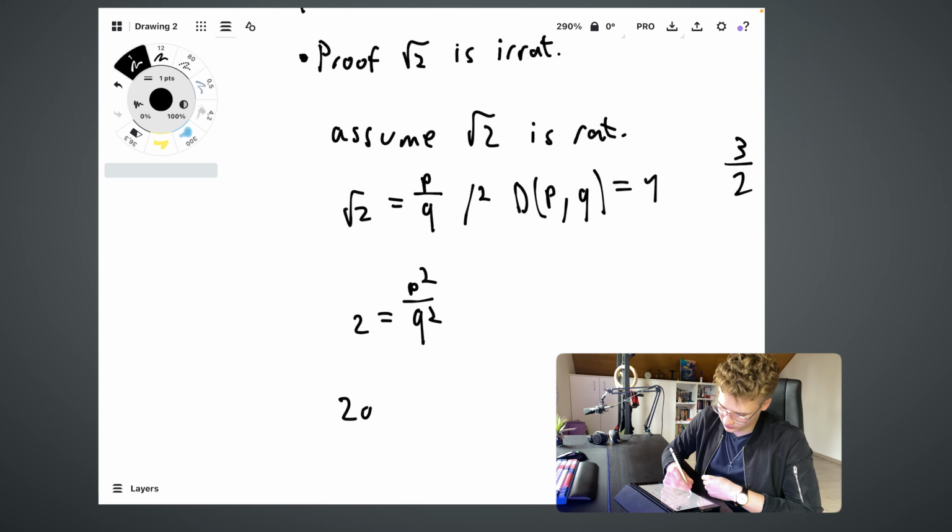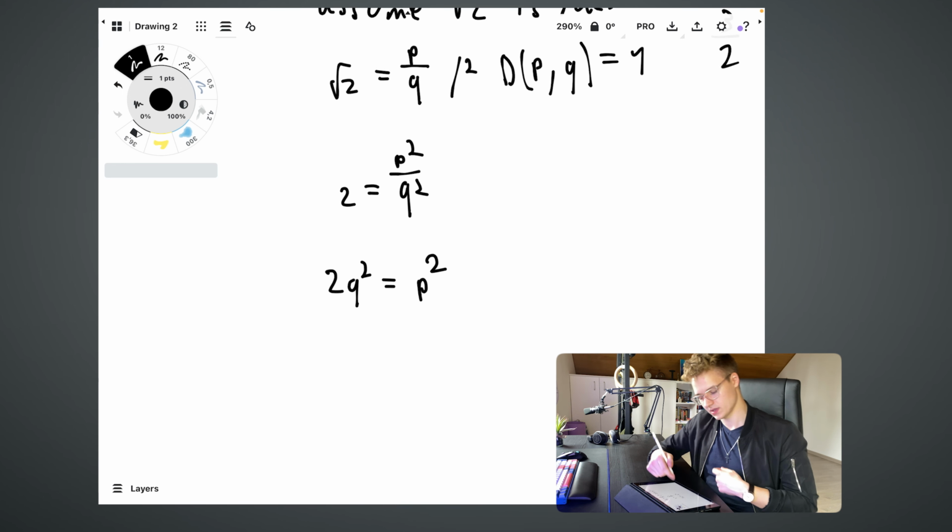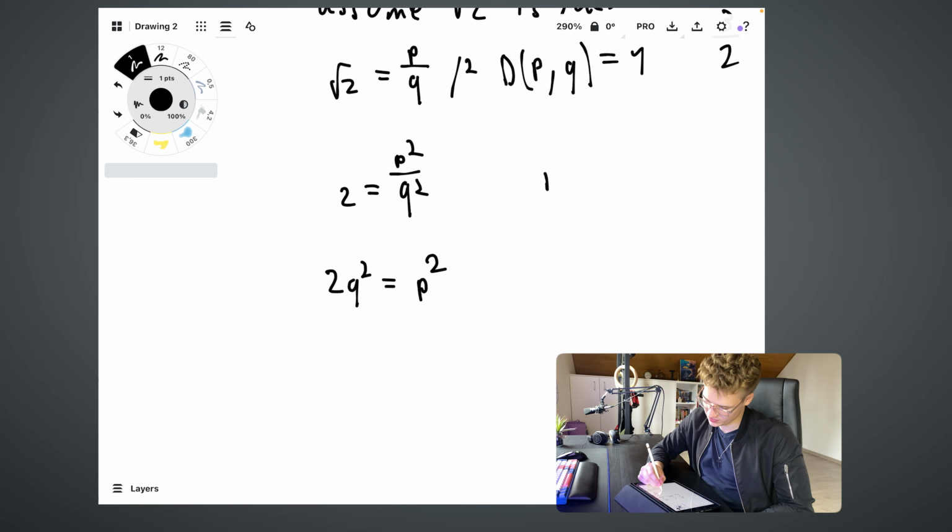And we get that q squared times 2 equals p squared. So like this. And this implies that p squared is an even number, okay?